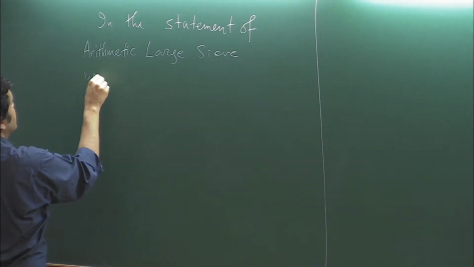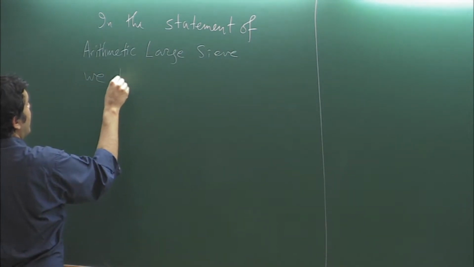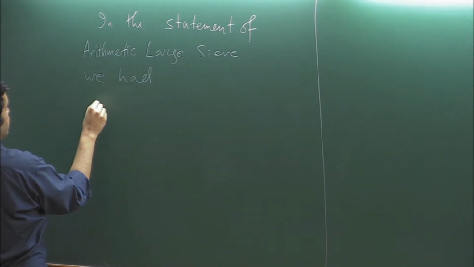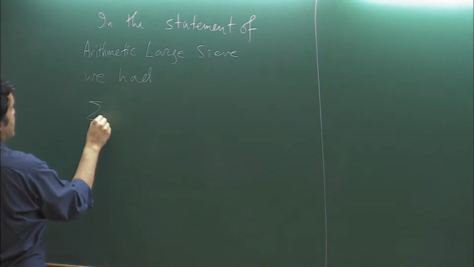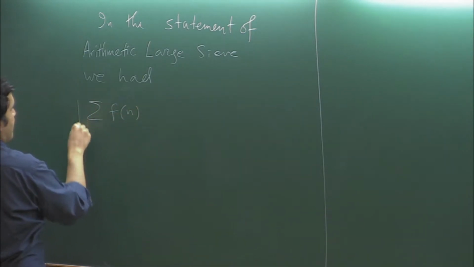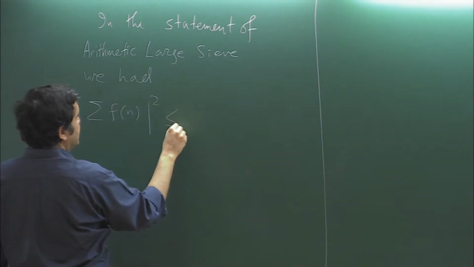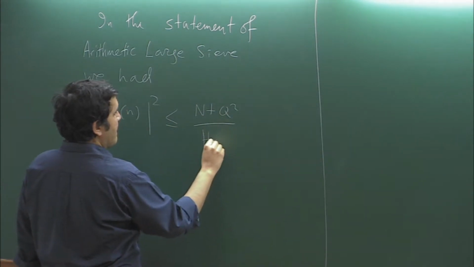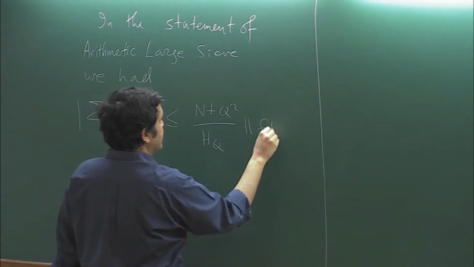What was it? The sum of |F(n)| squared was less than (N + Q squared) by hq times the norm of F squared, right?